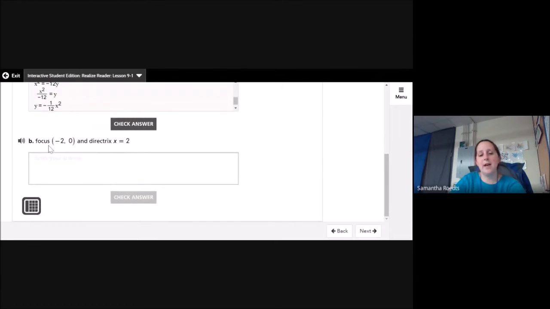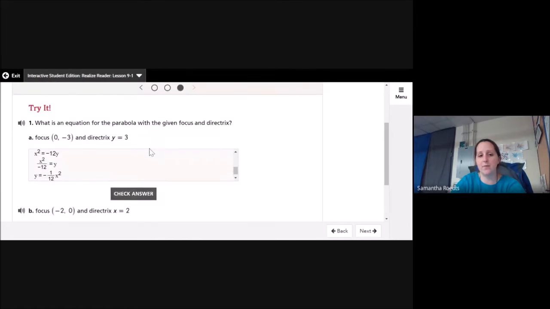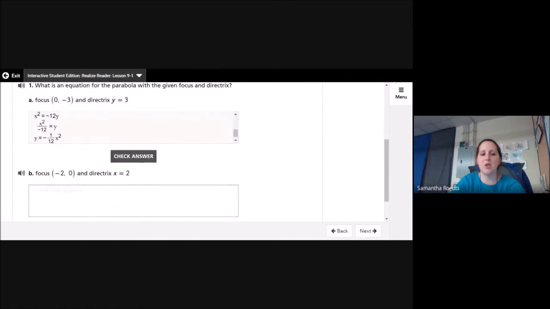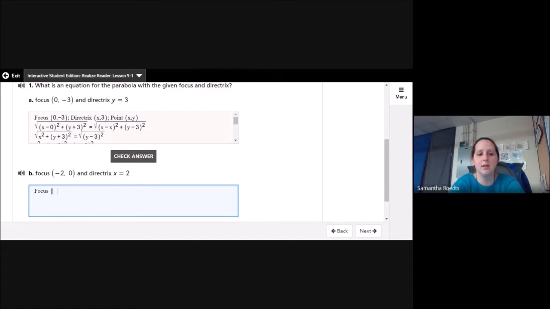For B, I have a focus of (-2, 0) and a directrix of x equals 2. Notice the x versus the y up here, so that changes my setup. My focus is (-2, 0), my directrix point is (2, y), and my point is (x, y). Again, I'm going to use the distance formula.